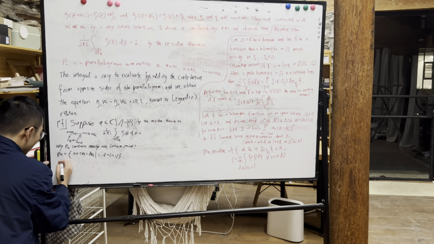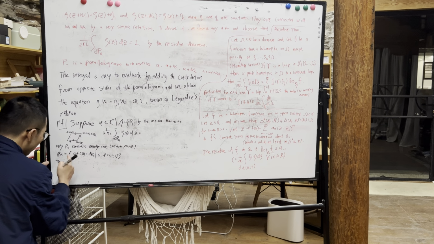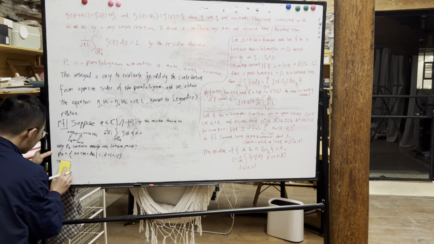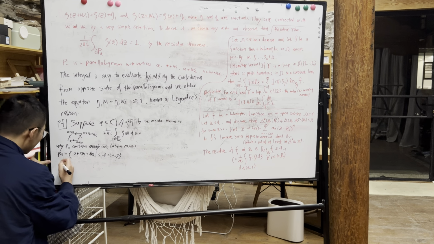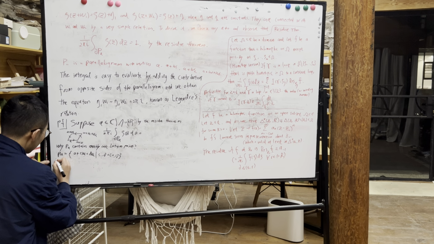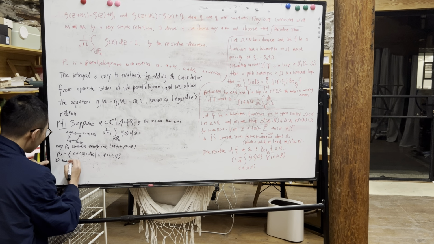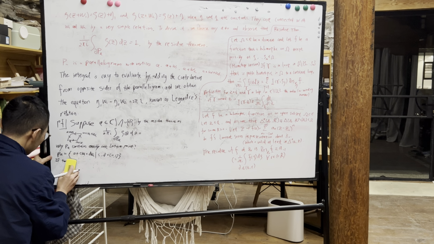And then, let's suppose for contradiction that there are two lattice points.